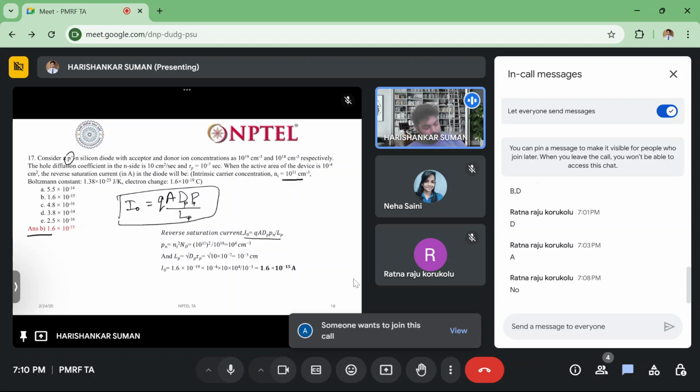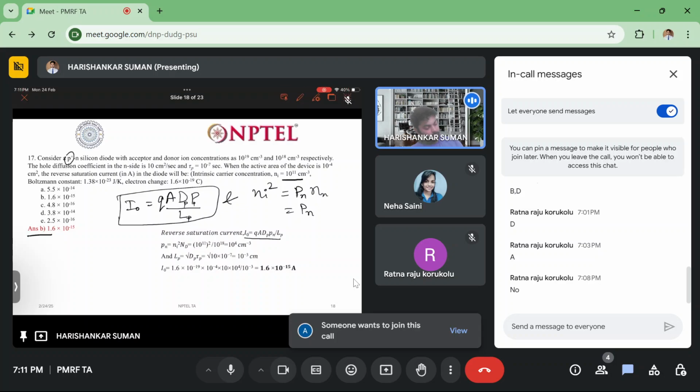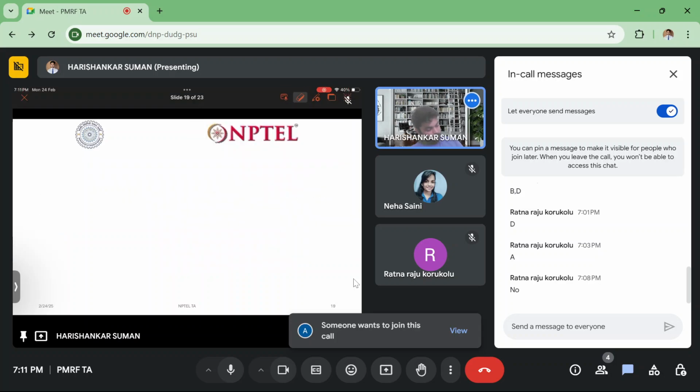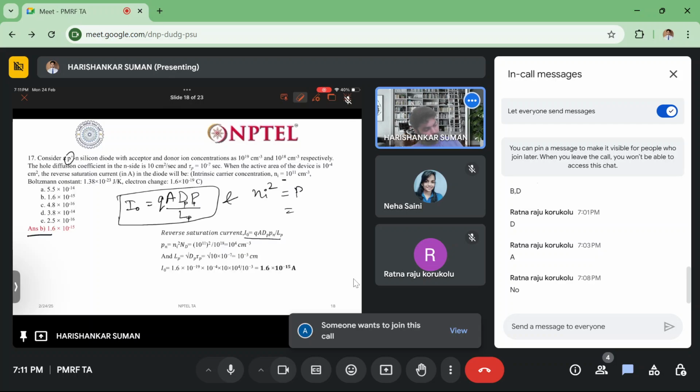We can put this value, but we also have to apply the concentrations of holes and electrons, but this is highly doped.